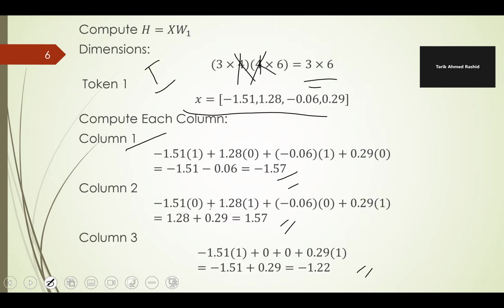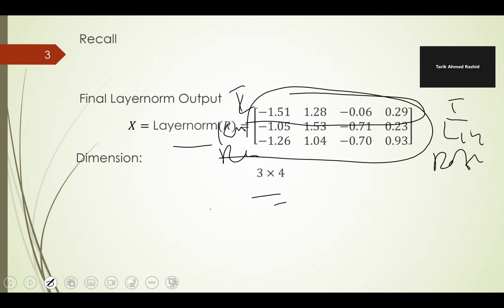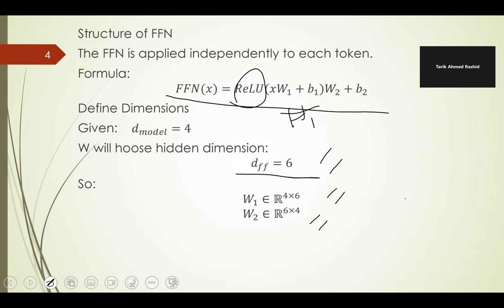So if we just go back to double check, that's the X that we have. We will have the feed forward network, which is ReLU activation function, X multiplied by weight matrix 1 plus B1. This will give us H1, and if we multiply it by W2, that would be H2.